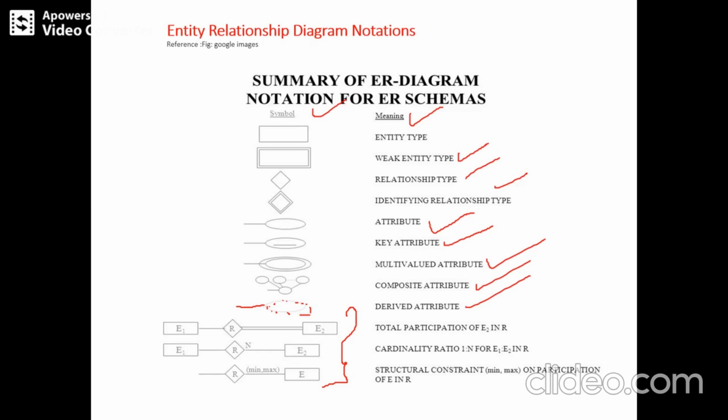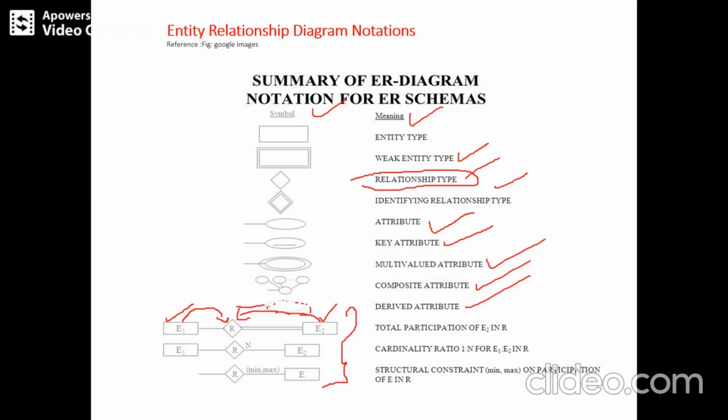Both together are called structural constraints on the participation of entities in a relationship R. Let us consider an example where E1 and E2 are two entities participating in the relationship type R. This is represented by a relationship type symbol, the diamond, which explains how the entities participate in the relationship type.